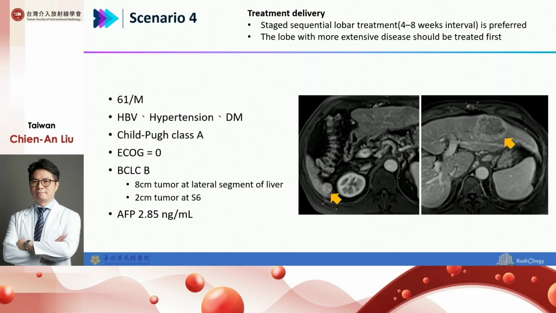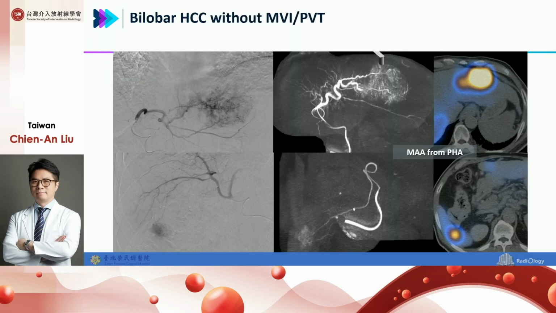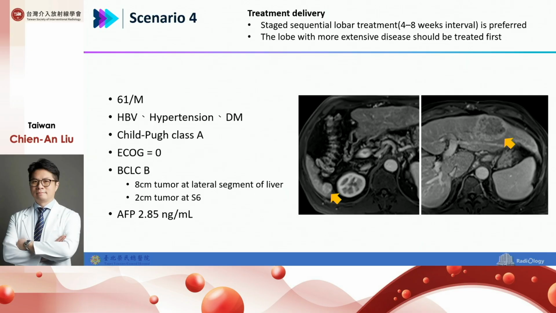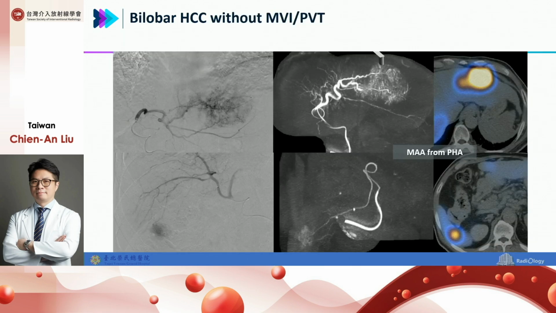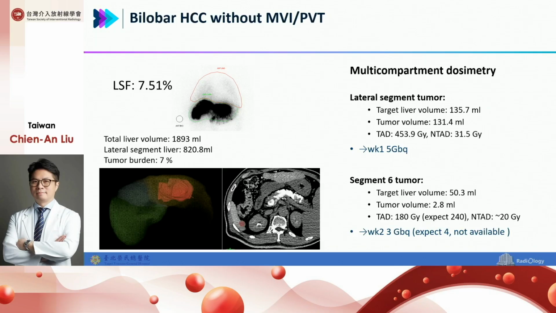So this is another case. The tumor is in both lobes, and in this case you can do 2 segmentectomy, so it's not so diffuse. So we selected the different feeding arteries in the left and the right. This is the lung shunt, 70.4, sorry, 70.5.